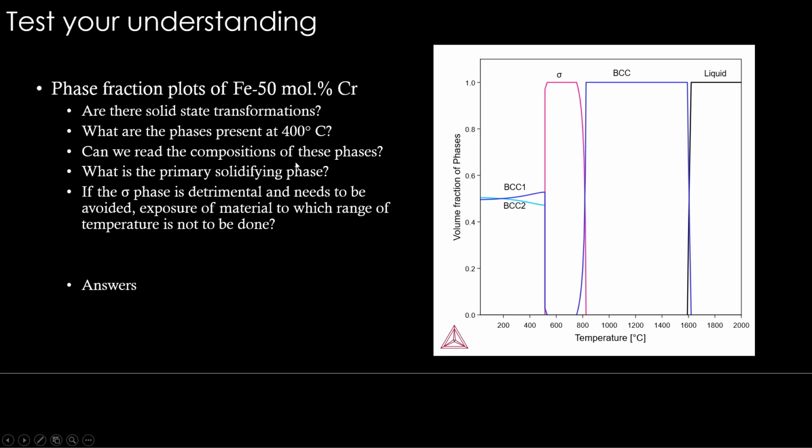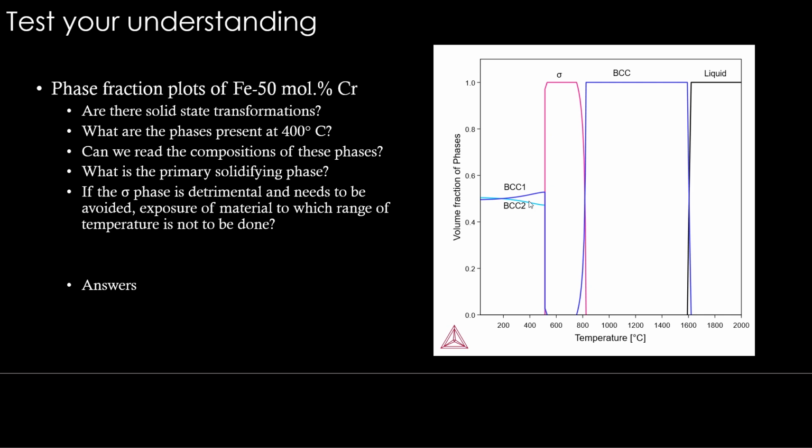Can we read the compositions of these phases? Okay. BCC1, BCC2 phases are there at 400. Can we know the composition of these phases from this diagram? The answer is no. We can't. Because this diagram carries only volume fraction of phases against temperature, and this can be drawn only for one overall composition.